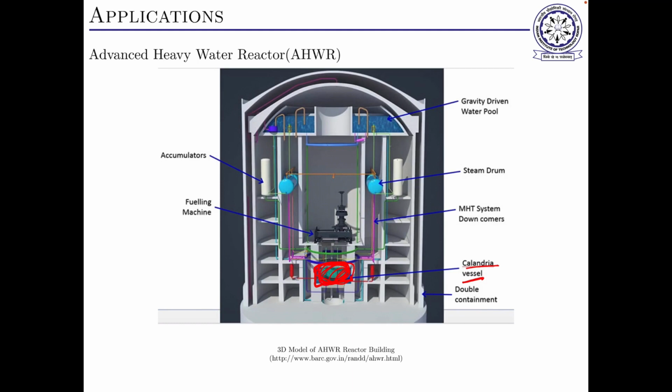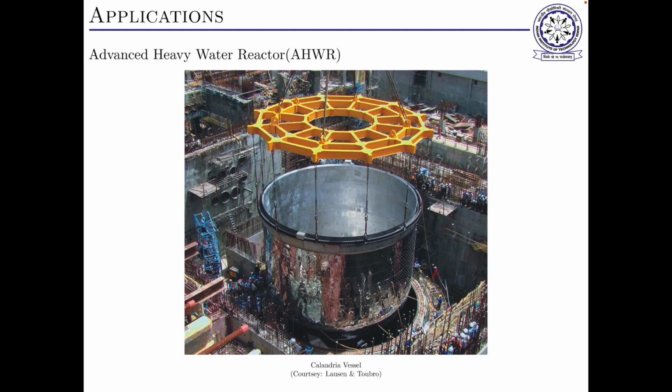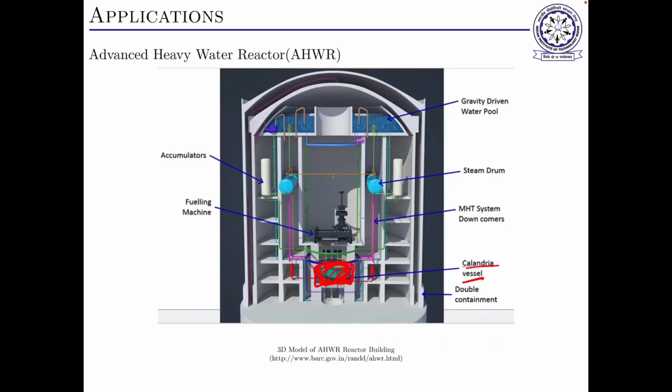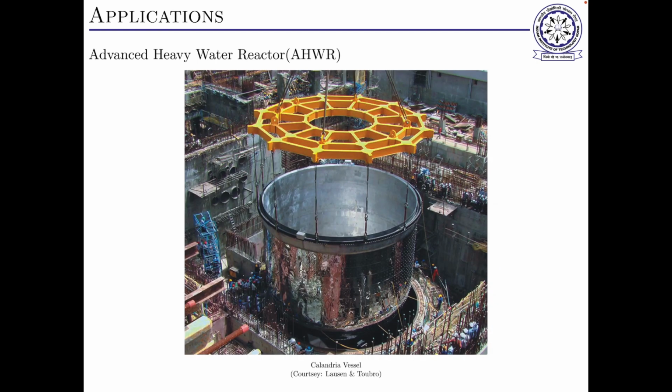This is the installation of a Calandria vessel, and now you get an idea how high this structure will be. If water is in this area, at least four Calandria vessels can come up. This is the height of an average person here, maybe 1 meter. So a lot of height is there.